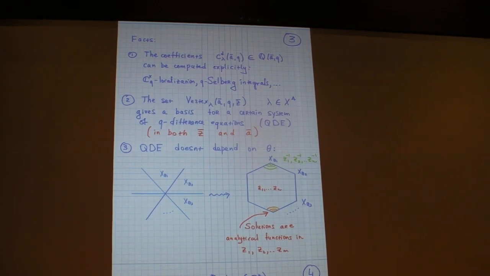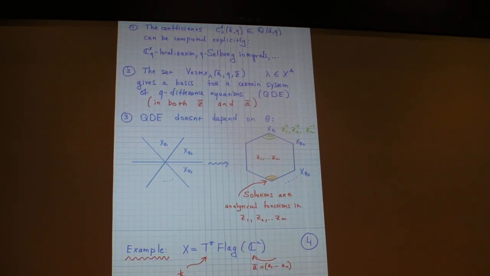We have a power series in Z with some coefficients in equivariant parameters, which are rational numbers. But secretly, there are some interesting difference equations which this function satisfies in both parameters. And even more interesting is that this difference equation is actually independent of the choice of stability condition.